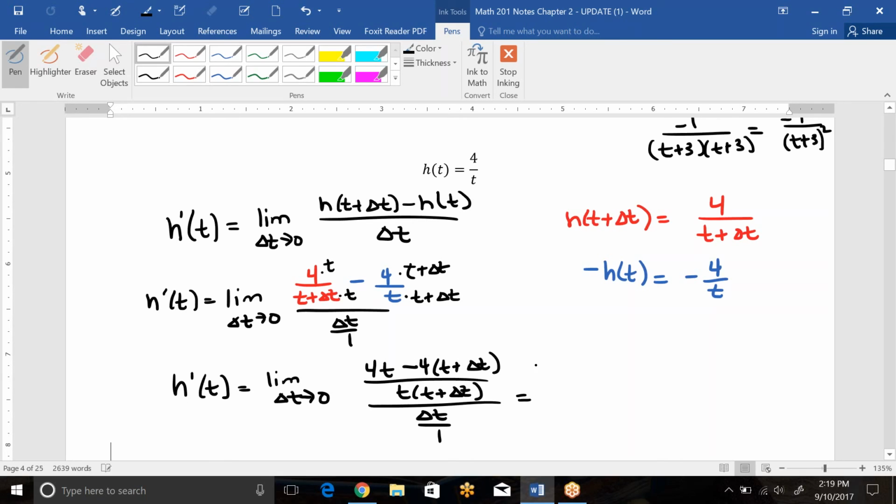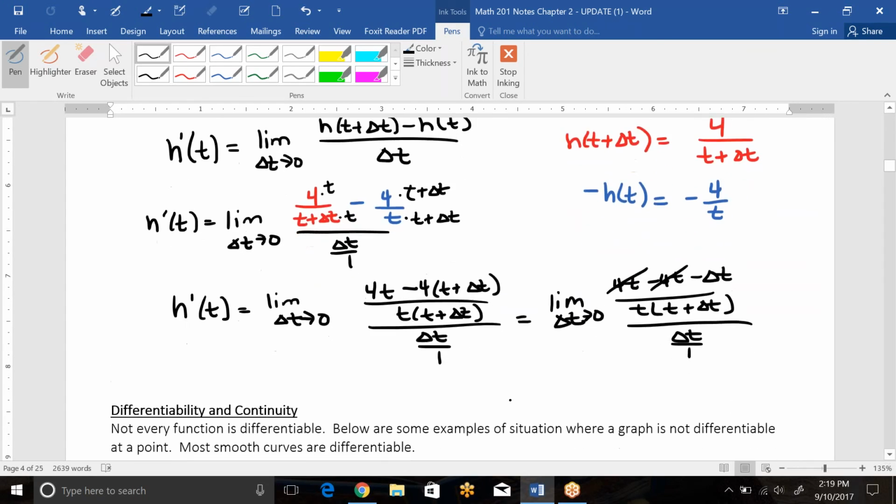Okay, so then we combine the stuff on the top that we can, so my limit, as delta t approaches 0, is 4t minus 4t minus delta t over t times t plus delta t, all over delta t over 1. On top, the 4t and the negative 4t cancel out. So we get that this is the limit as delta t approaches 0 of negative delta t over t times t plus delta t.